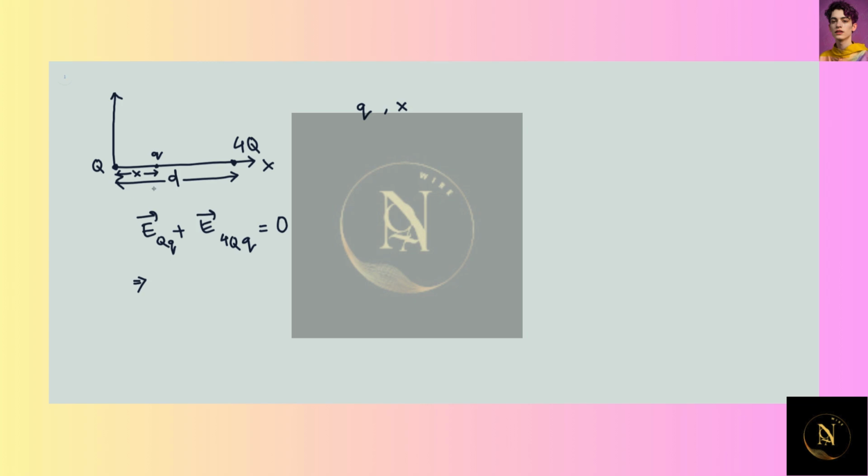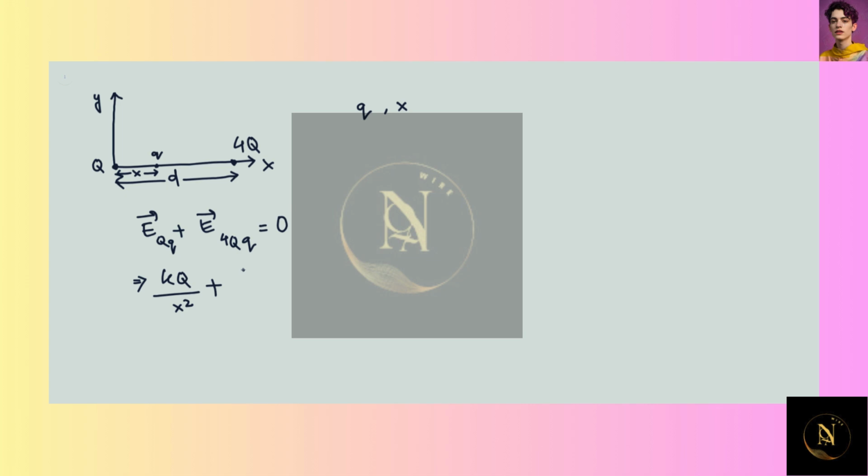Now, let's write down these two electric fields along with all the signs. So, this is k times capital Q over x square, and make sure you include the direction. Since capital Q is positive, the electric field will be away from capital Q, hence towards the positive x-axis, so there should be a positive sign, which there is already.